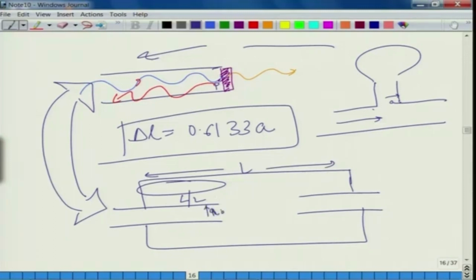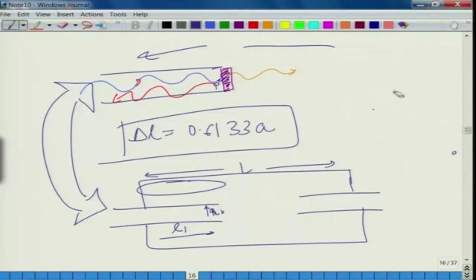Let us say the length of this thing can be L1, or the net extension. Acoustically you will see L effective is L1 plus 0.6133 times r naught. Actually, it will not be that simple, because it is after all a bounded media.